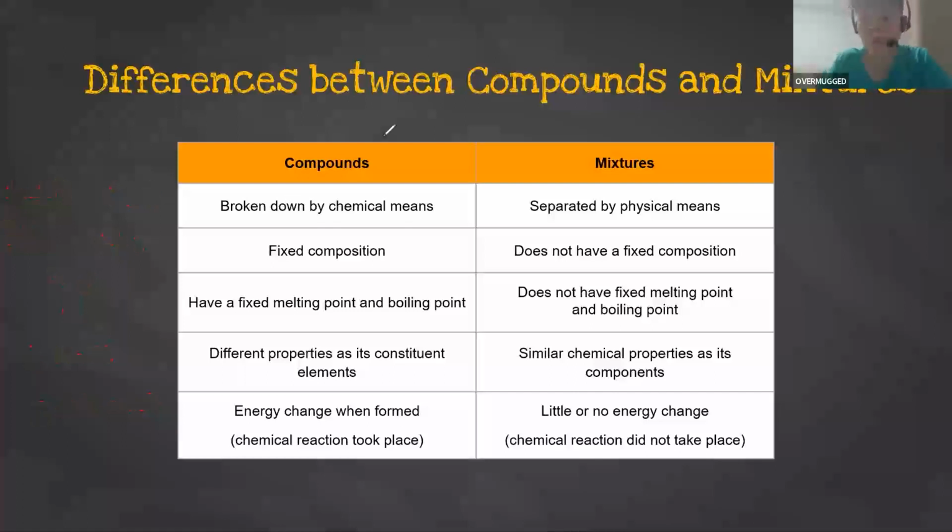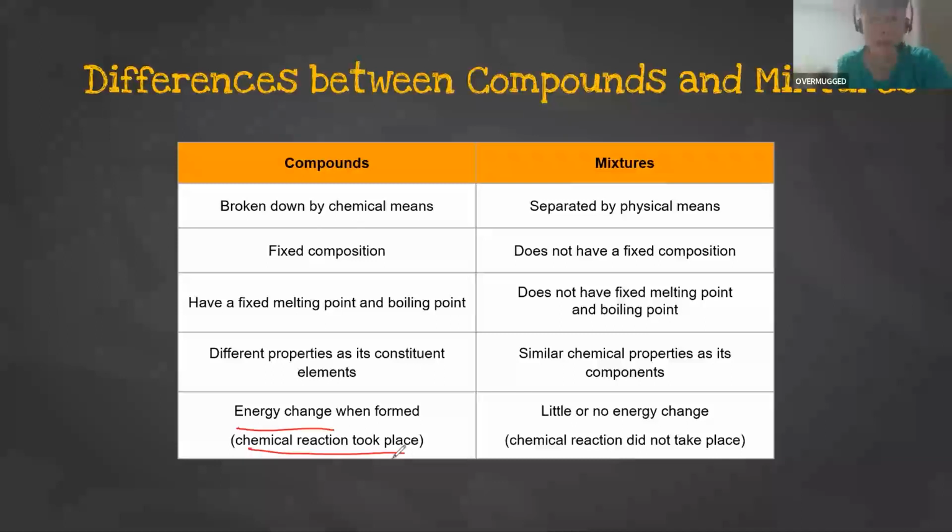Compared to your mixtures, mixtures have similar chemical properties. Water and sand mixed together is still water and sand, right? It's not different. When compounds are formed, there will be an energy change. A chemical reaction took place. What is this energy change? Is heat being released or absorbed? After some chemical reactions, you may realize that heat is actually being released.